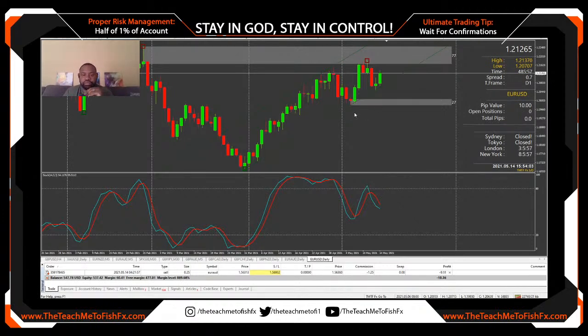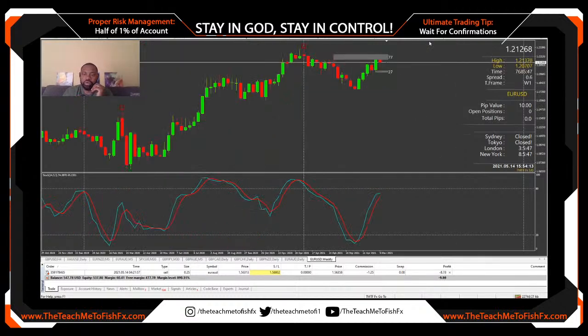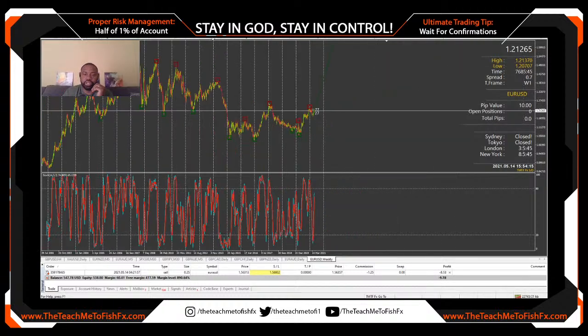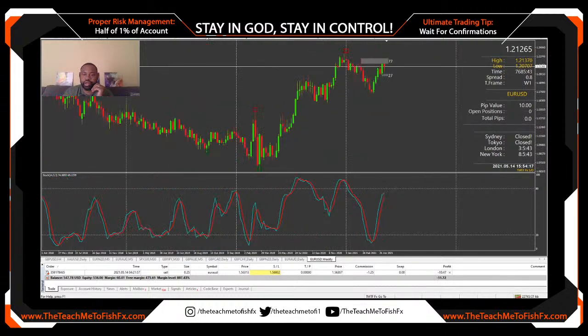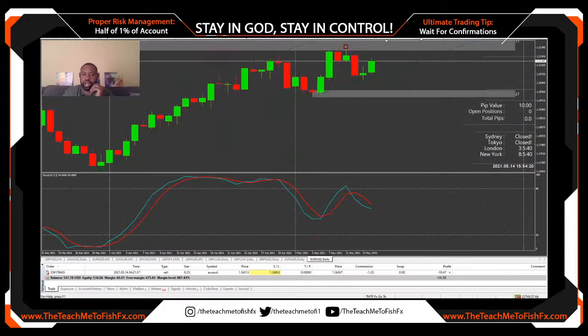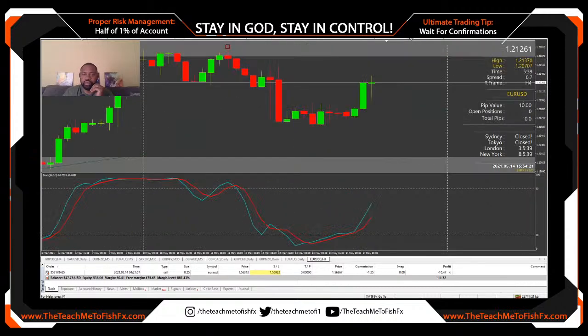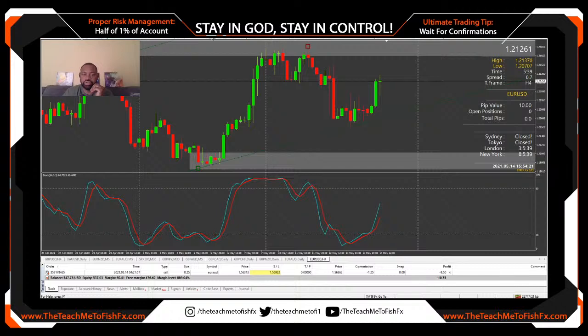What I have out is if this zone breaks, gets retested, and continues to go down, then we know we're back on the overall weekly trend. But EU, like I said, is currently going up.